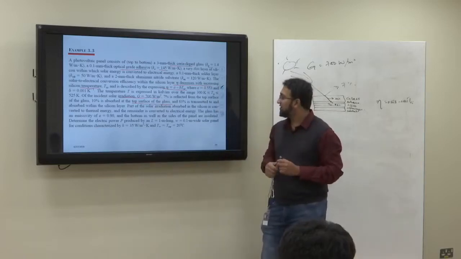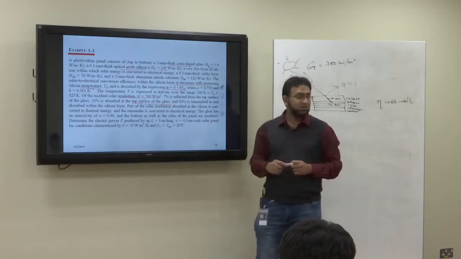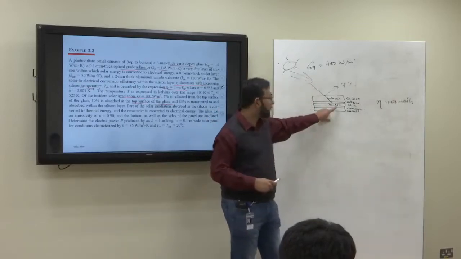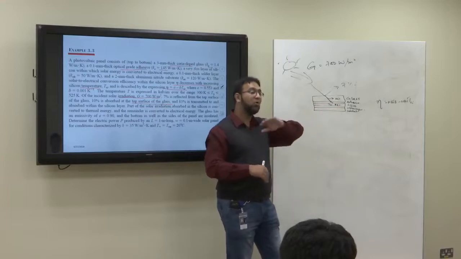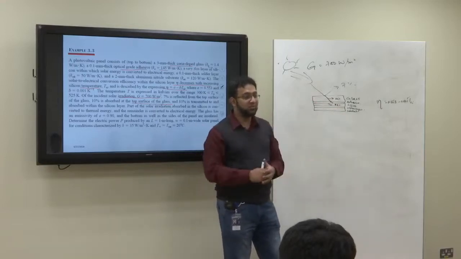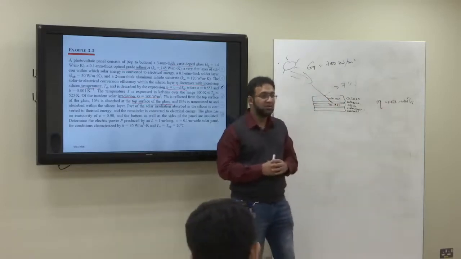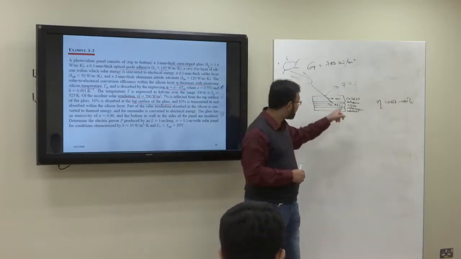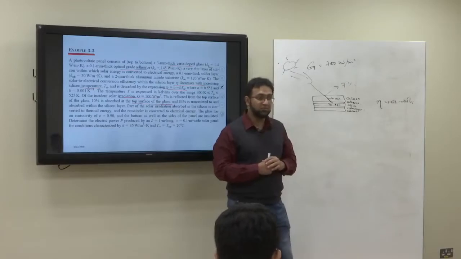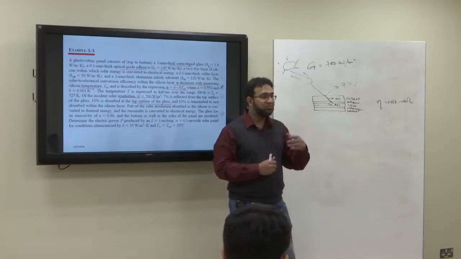Part of the solar radiation absorbed in the silicon is converted to thermal energy. When this 83% falls on the silicon layer, not all of it is converted into electricity. There is an efficiency based upon the temperature of the silicon chip, and obviously the efficiency is less than 100%.